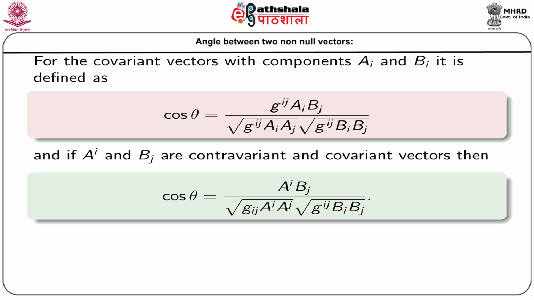So, in the above expression, in the numerator g_{ij} is not coming, as a^i and b_j, one is a contravariant vector and the other is a covariant vector. So, if we use the rule of associated vectors, then automatically g_{ij} will come to the numerator.